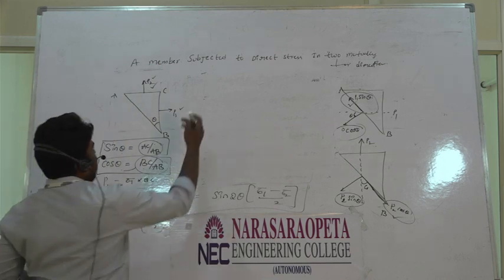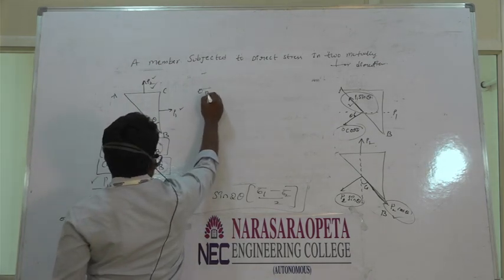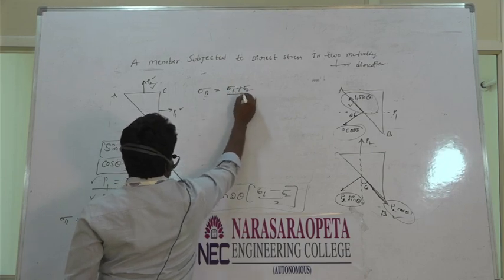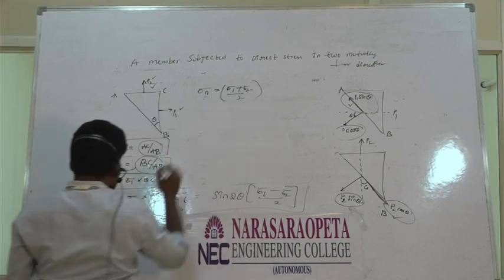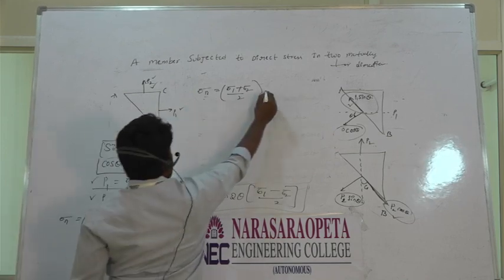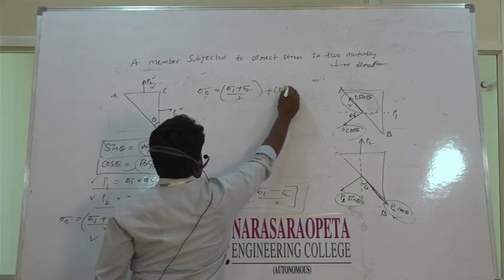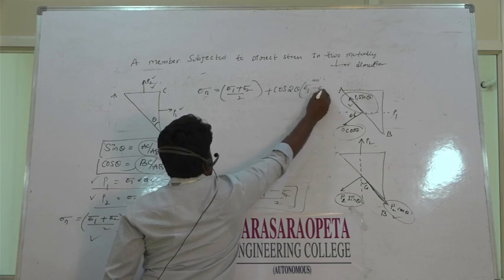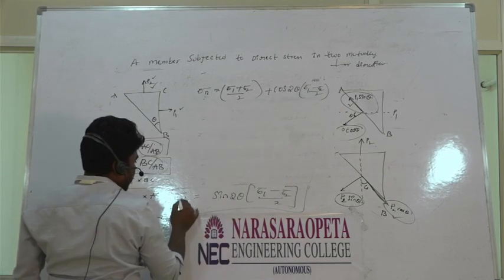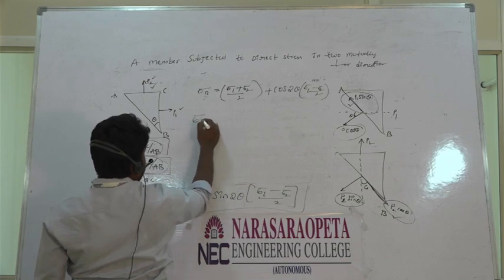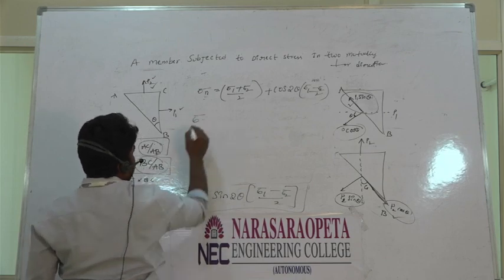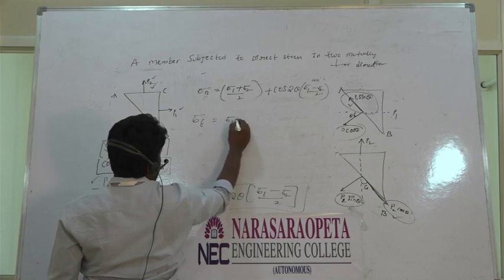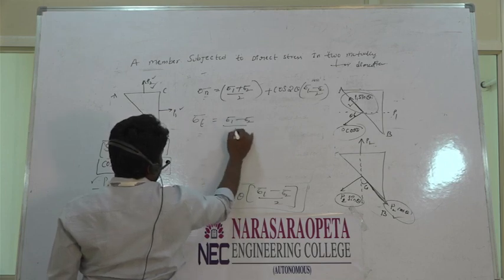Finally, we find the normal stress on plane AB equals sigma 1 plus sigma 2 by 2 plus cos 2 theta into sigma 1 minus sigma 2 by 2, and the tangential stress on the inclined plane AB is sigma 1 minus sigma 2 by 2 sin 2 theta.